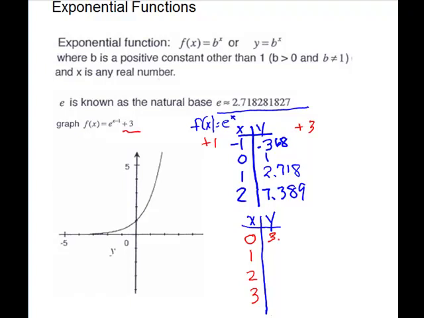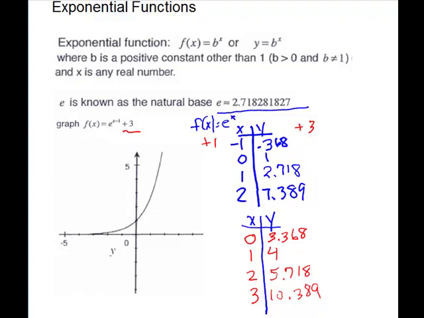So we get 3.368. We get 4. We get 5.718. And we get 10.389. So we'll try to graph these. 0 and 3.368.